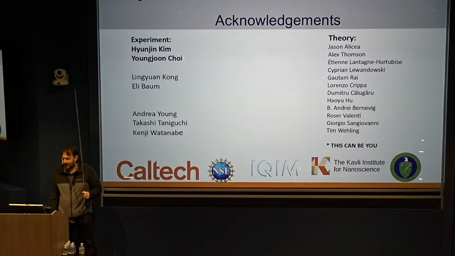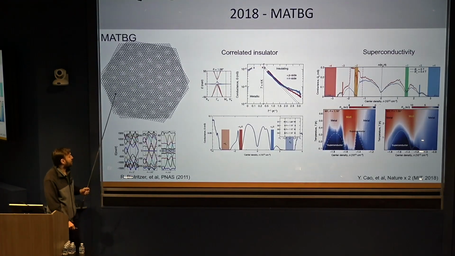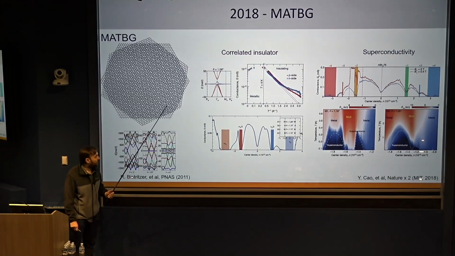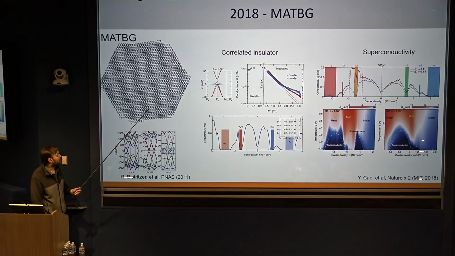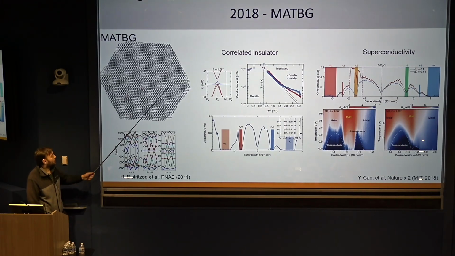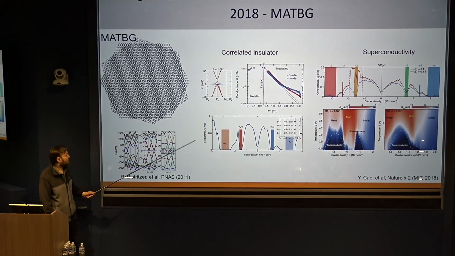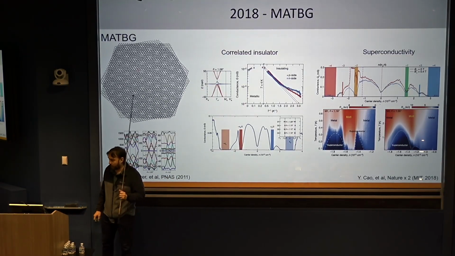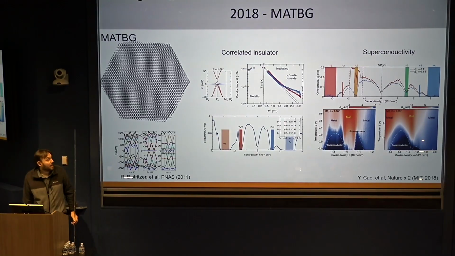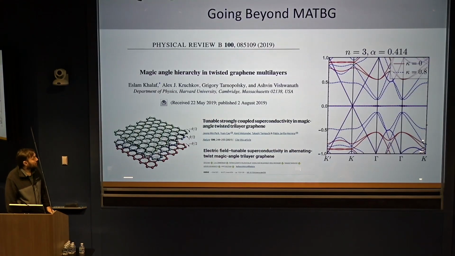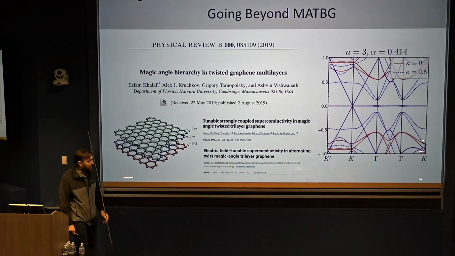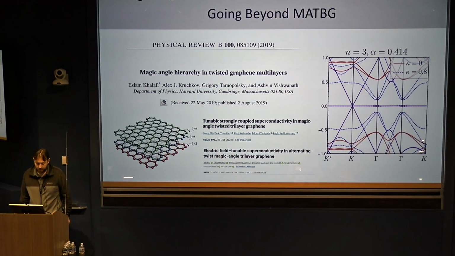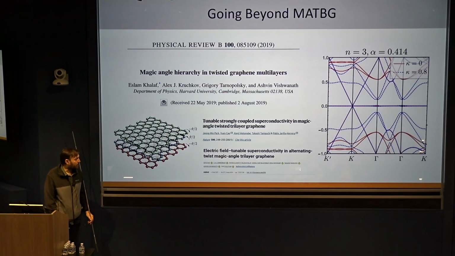Okay. I'm not going to spend too much time explaining twisted bilayer graphene. There were talks before it. Everything started in 2018, where the flat bands were detected, and signatures of correlated insulators and superconductors were observed for the first time. And soon after, it was realized that twisted bilayer graphene is not the only material that gives you this type of bands and gives you superconductivity.